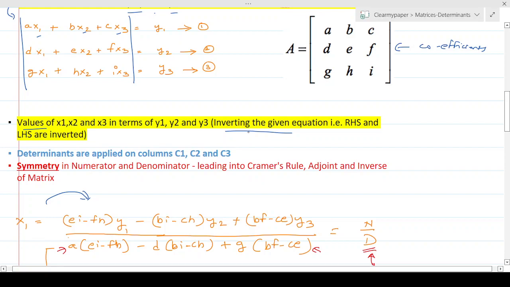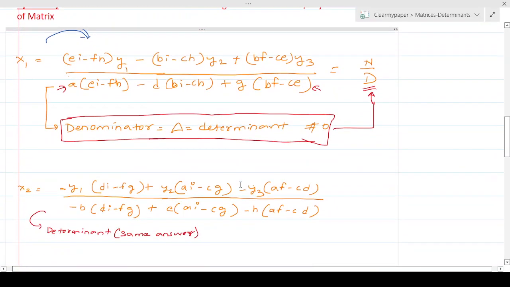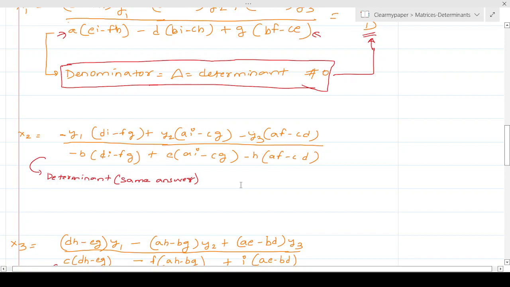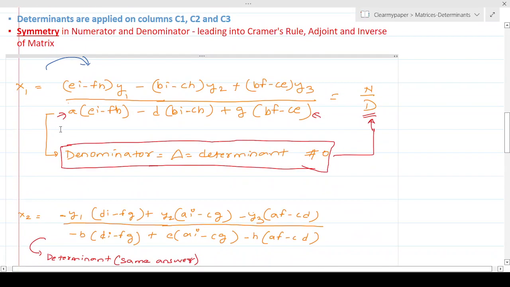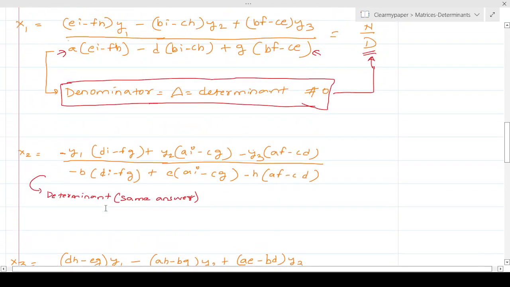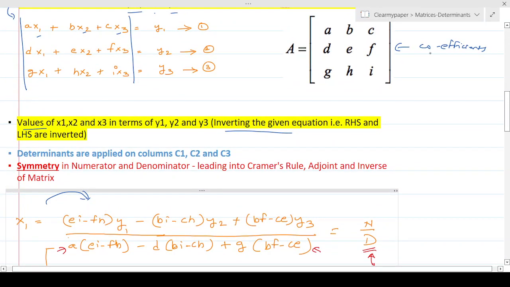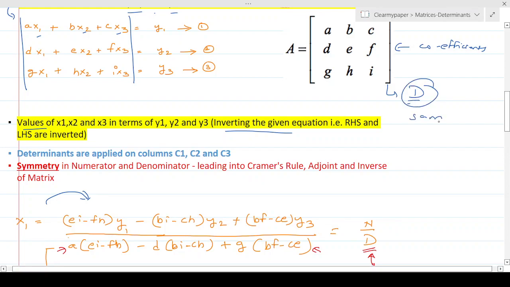And we also studied that regardless of how x1, x2, x3 look in terms of the denominator, which is a determinant, the variables might look different in terms of how they are arranged and computed. But the determinant of the whole matrix, all these denominators on x1, x2 or even x3, are nothing but the determinant of this coefficient matrix D. The value of that will always be the same regardless of however you compute.